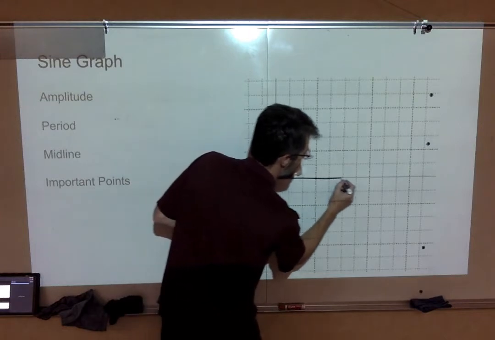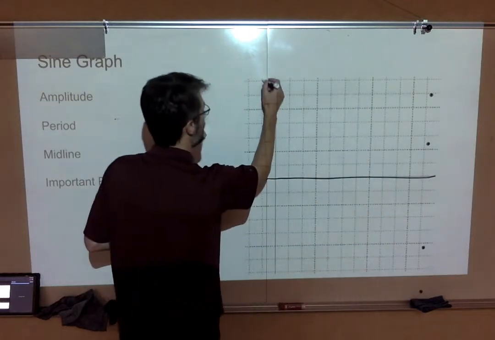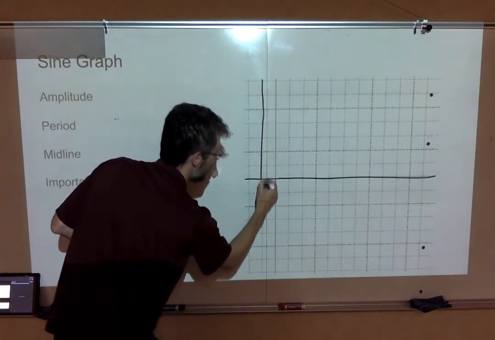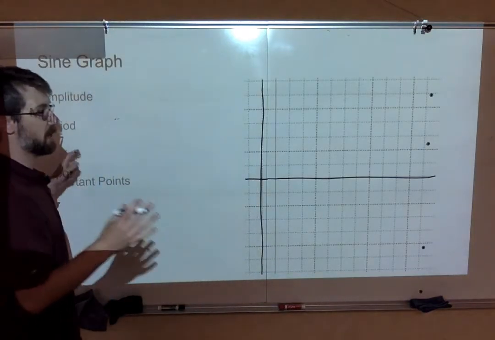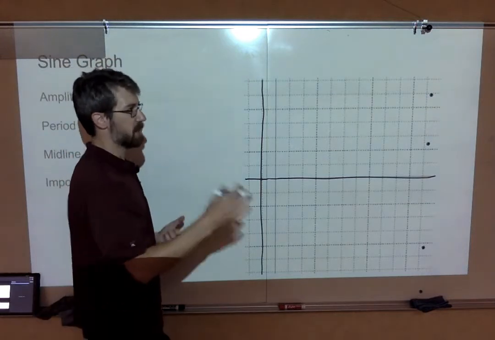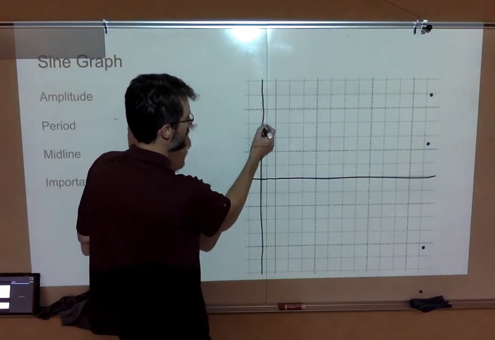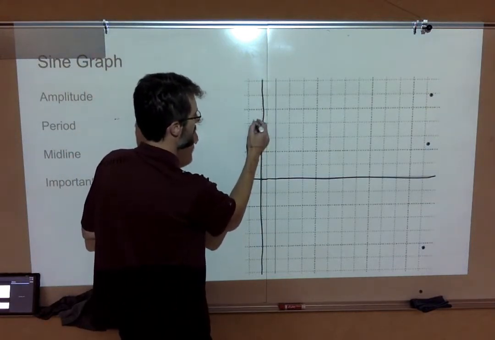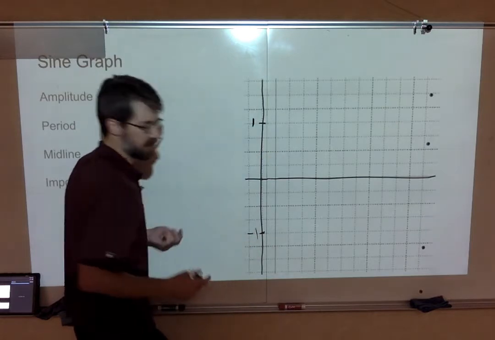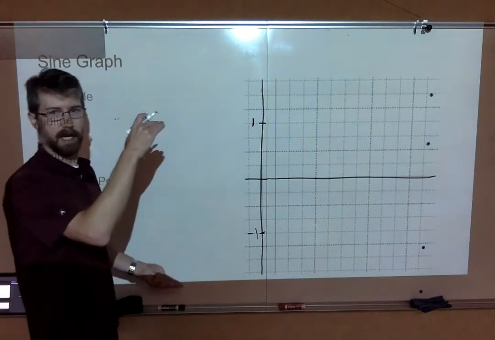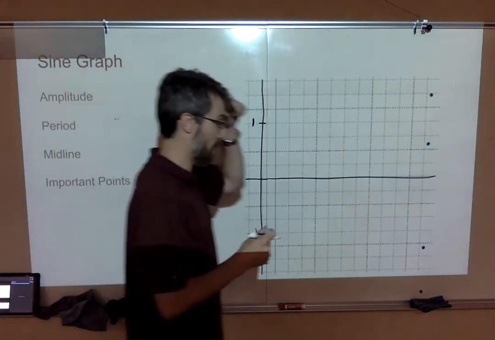So an x-axis and a y-axis. Now we want to set a good scale, and a good scale for regular sine and cosine before we start doing transformations would be a height of 1 to -1. Right, because the unit circle goes between 1 and -1, so that makes sense for our y-axis.